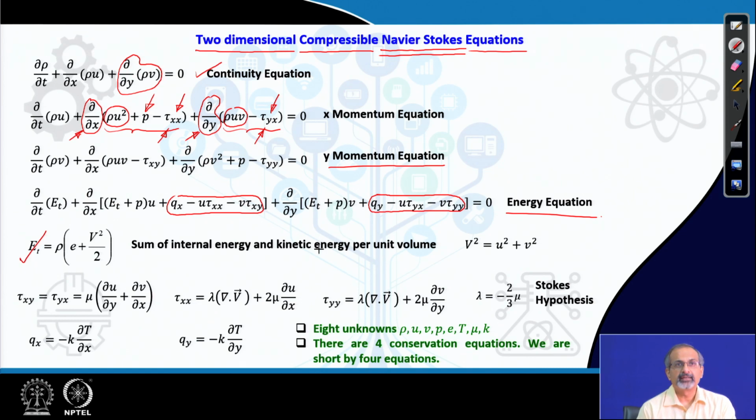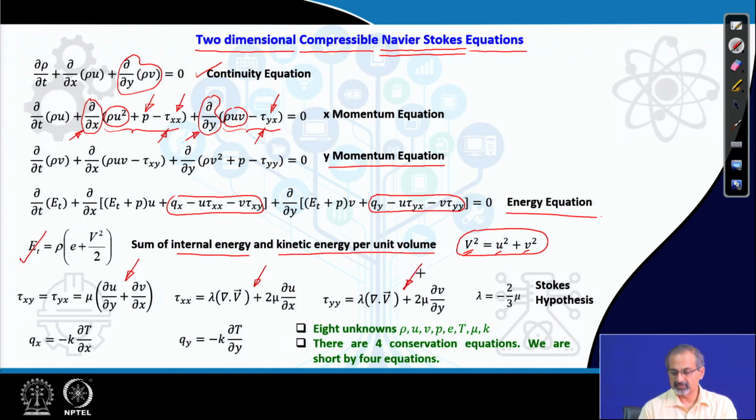We had defined the E t term already as the sum of the internal energy and kinetic energy per unit volume in the lecture on Euler equation. Here, because it is a 2 dimensional problem, you have both u and v contributing to the resultant velocity, and then you have the expressions for shear stresses and normal stresses.